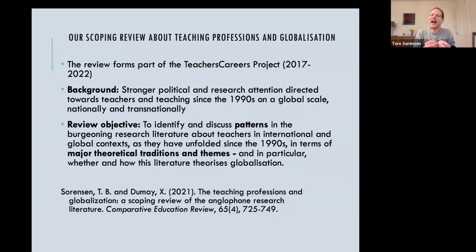And we were interested in how a theory is being used in the literature. Are these issues theorized at all, and to what extent, and with what theories? And what are the blind spots in the literature? So there you see, we were not interested in policy, let's say, in measuring the effectiveness of policy interventions. We were interested in the research literature.